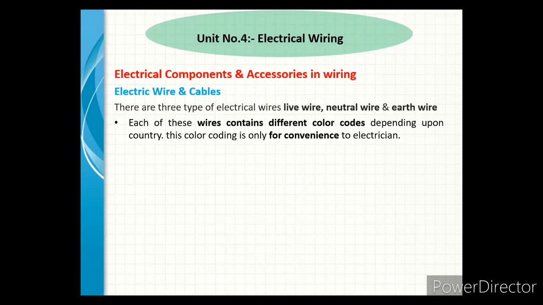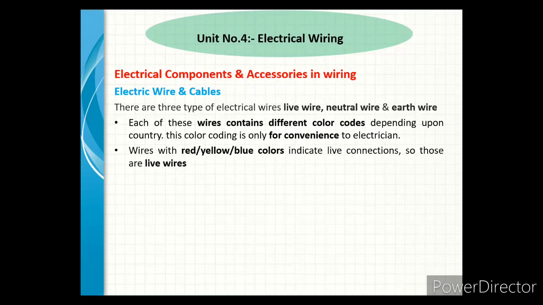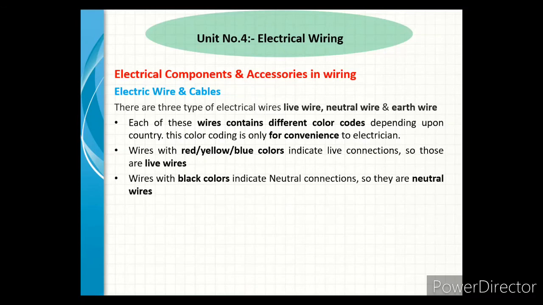This color coding is only for convenience of the electrician. Wires with red, yellow, blue color indicate live connection, so those are live wires. Wires with black color indicate neutral connection, so they are neutral wires. Wires with green color indicate earth connection, so they are earth.